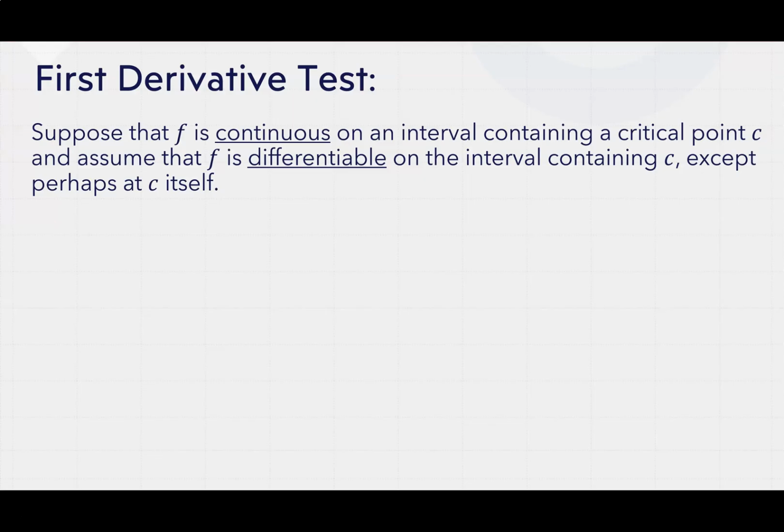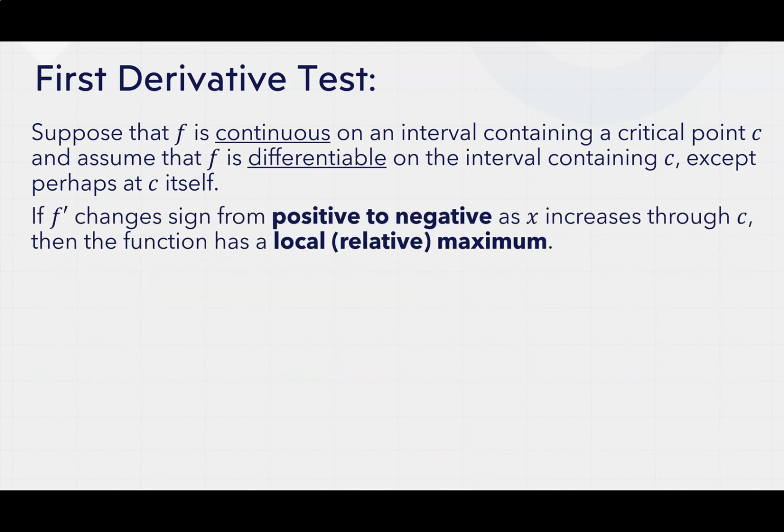Now, the first derivative test will tell you this. If you assume continuity and differentiability within that interval, if the derivative changes from positive to negative through some point C, meaning if your function is increasing and then decreasing, and here is your point C, then what can we say about that point?